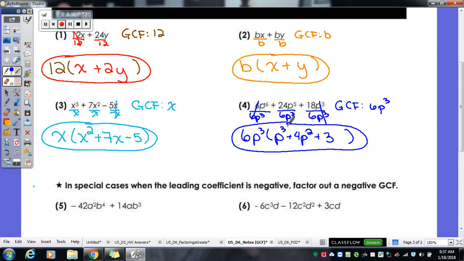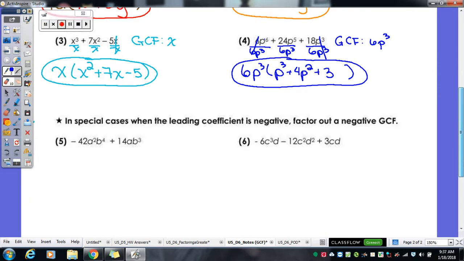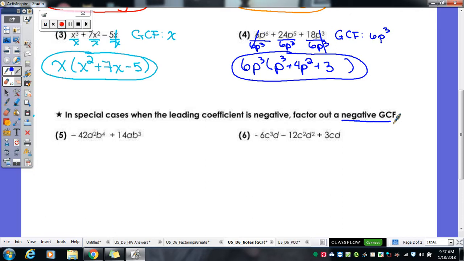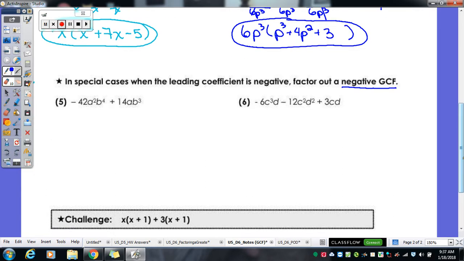So in some special cases, if your leading term is negative, you need to factor out a negative GCF. So let's look at number 5. We have a negative 42a squared b to the fourth plus 14ab to the third. Not just 14 though. My leading term here is negative.